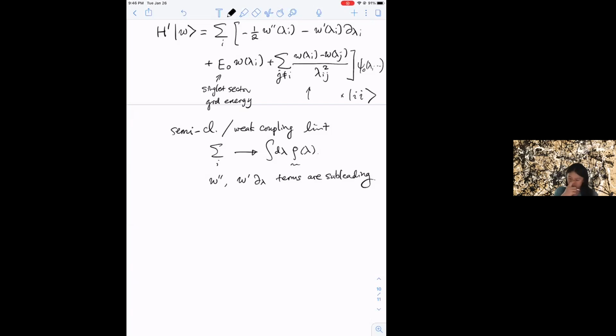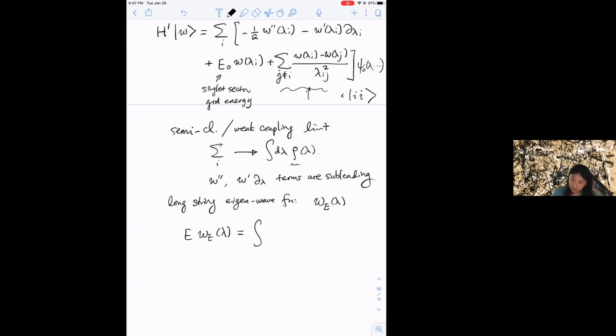Since we're doing perturbation theory, the long string eigen wave function equation, I'll call this W E of lambda, where E is the energy of the long string. So the energy of the long string E times W E of lambda is going to be given by this last term here.